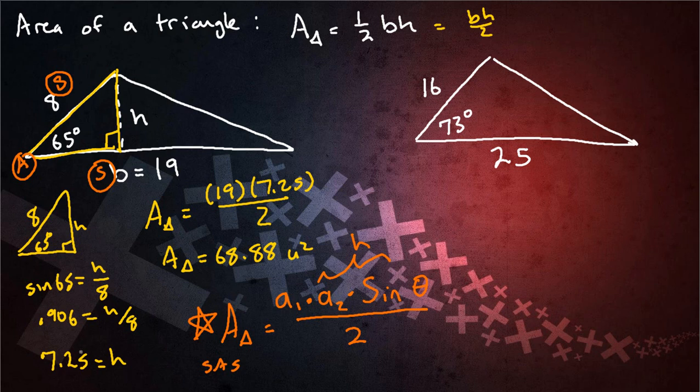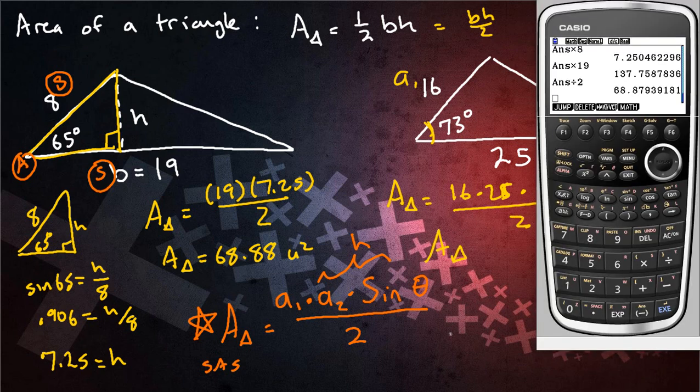So I'm going to try this one without doing all this extra stuff, and we'll see that it's pretty quick using this formula. So area of the triangle, this will be my A1, this will be my A2, and this is my angle right here. So 16 times 25 times sine of 73, all divided by 2.